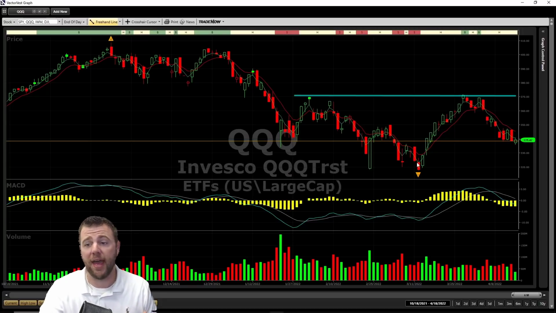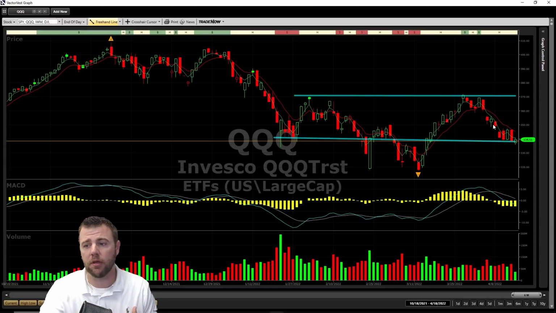We then have the head, and now we're forming the right shoulder. To see the shoulder line, I'll use the freehand line once again. They don't have to be exactly even. They can be a little off axis, if you will, but we do have this shoulder line here where it clearly shows the head further below the two shoulders.